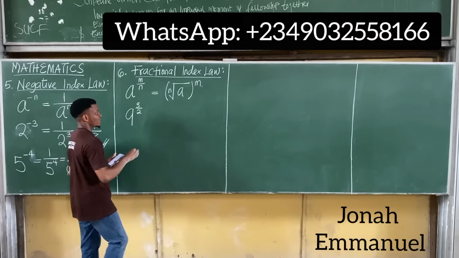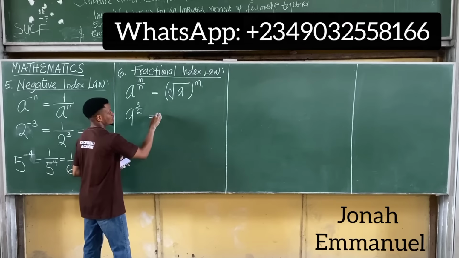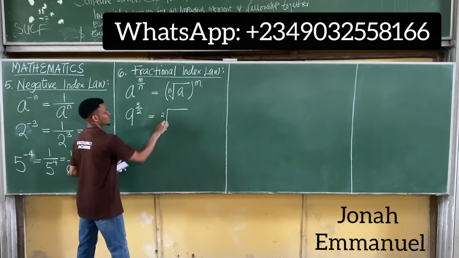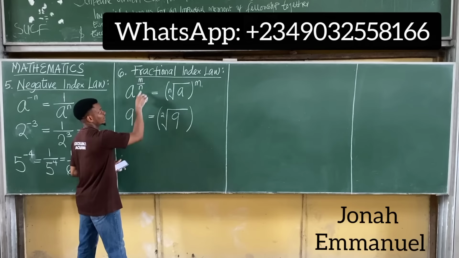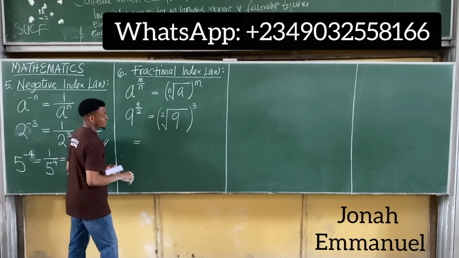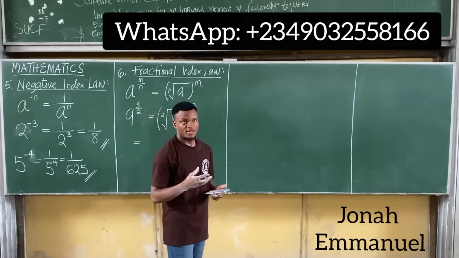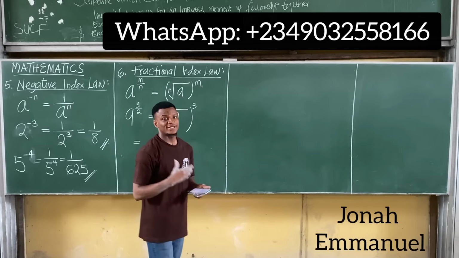How do you solve this? This will be equal to, we said it's called the nth root, so it becomes the second root. So the second root of the base, which in this case is 9, all to power the upper one, which in this case is 3. Now, here's what to know, please. The nth root, when the number is 2, is called the second root, and the second root is the same thing as what is called the square root.